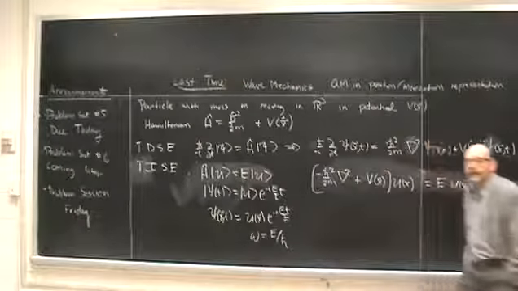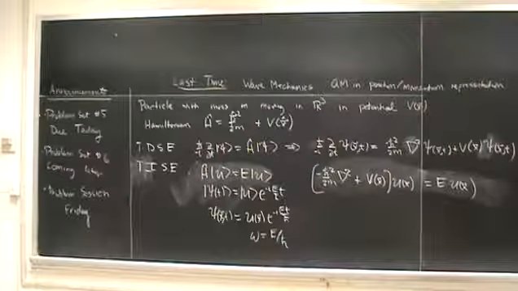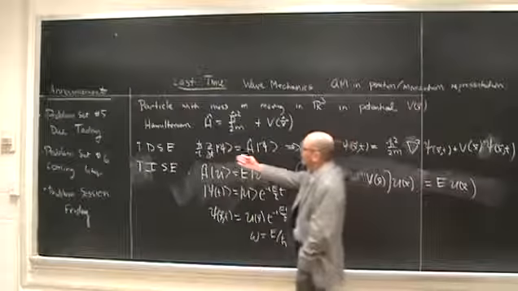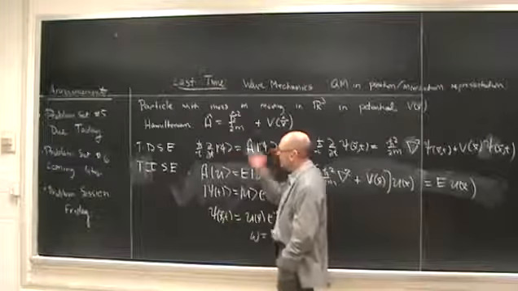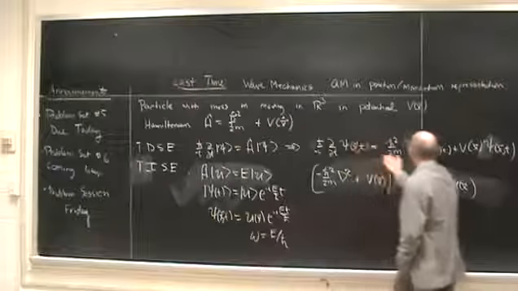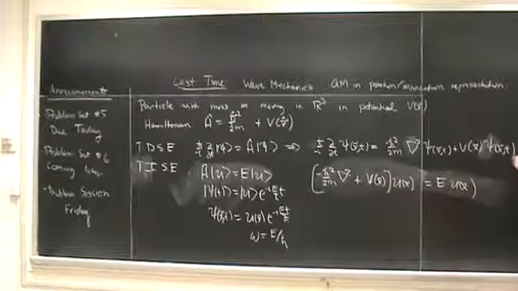And the Schrödinger equation then takes the form of wave equations. So the time-dependent Schrödinger equation, as we've derived it, takes the form of a time-dependent wave equation.